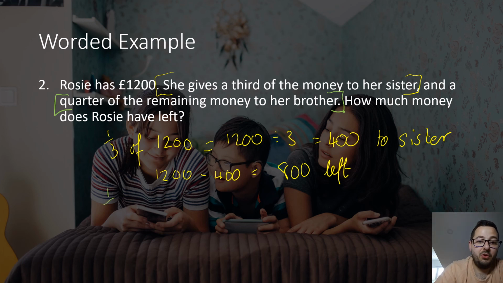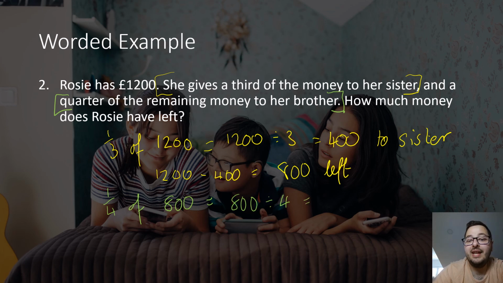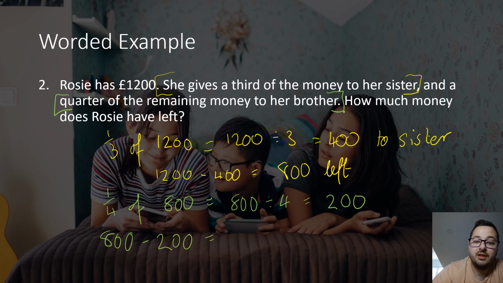So now we want a quarter of 800, and that's going to be 800 divided by 4. Well, 8 divided by 4 is 2, so 800 divided by 4 is 200. And then to figure out how much she has left, she did have 800, but she's just given away 200, so she has 600 left.